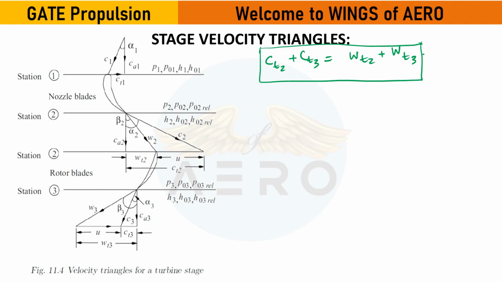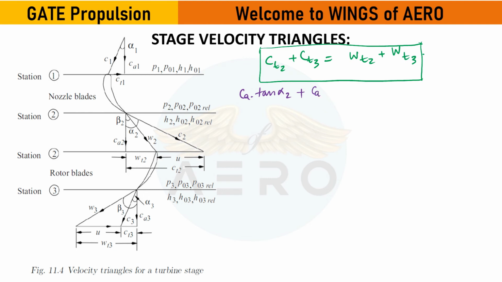What is the CT2 value we got previously? Can you tell me the value? Tan alpha 2 into CA. CA is common, all the CA's are the same, right? We'll take CA. Then plus CT3, what did we get?